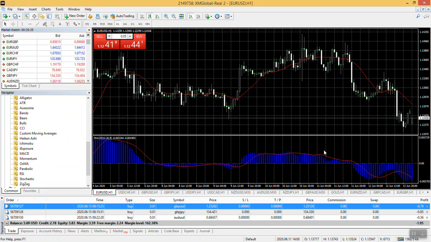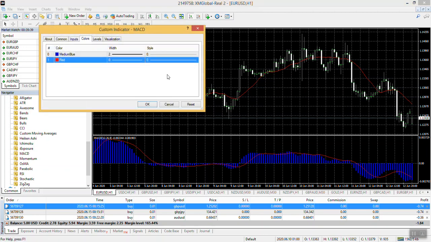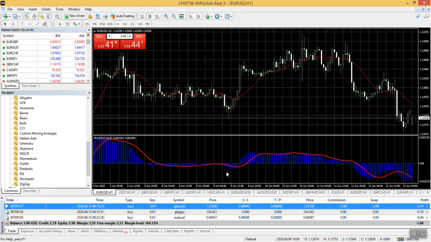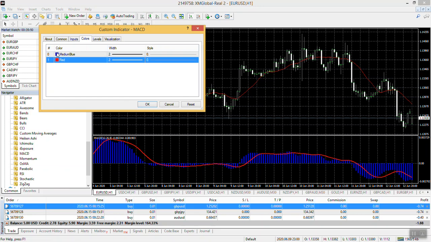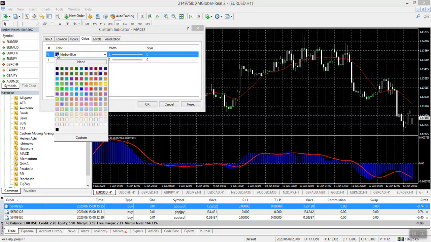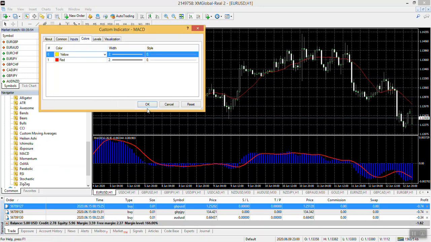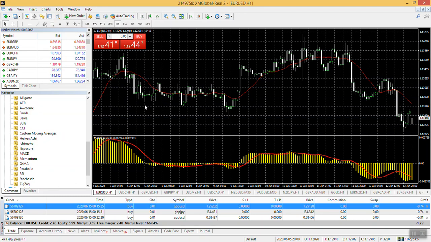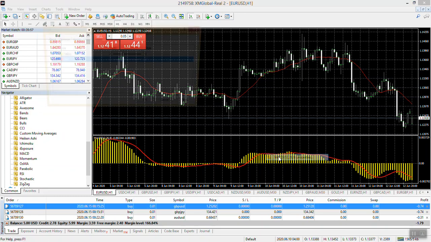You can also make the lines very thick. This is 2, so here you double click it and then click on 2, click OK. You see, it's thick. You can change the color to be yellow, any color that looks good to you, and that's all. Okay, so I'm going to be leaving it the way it was.